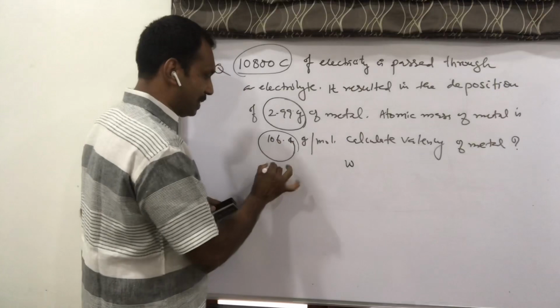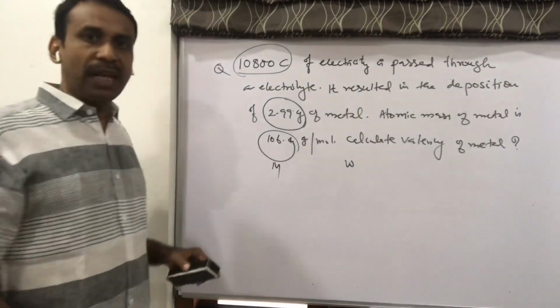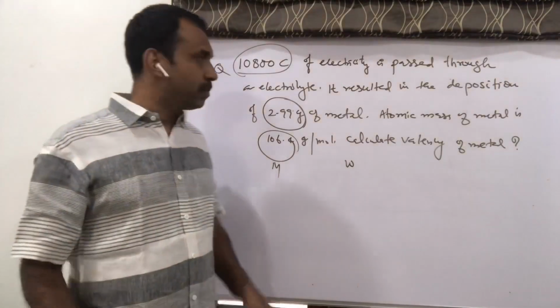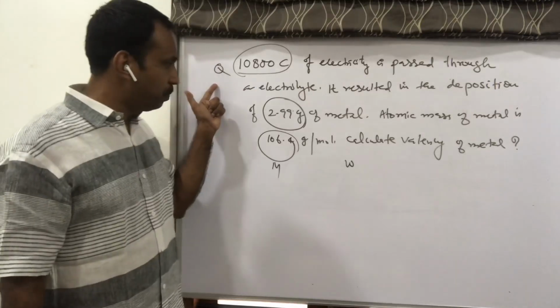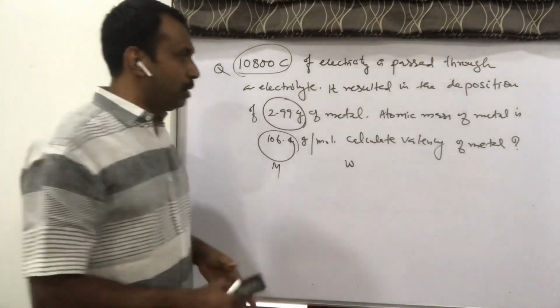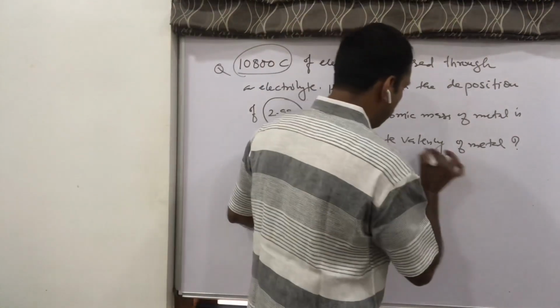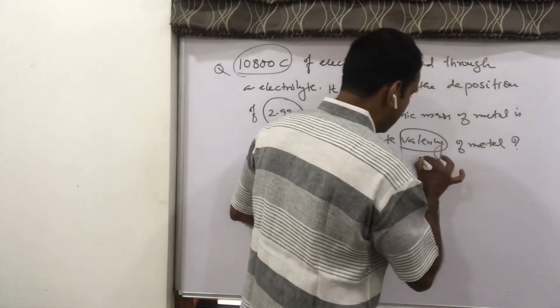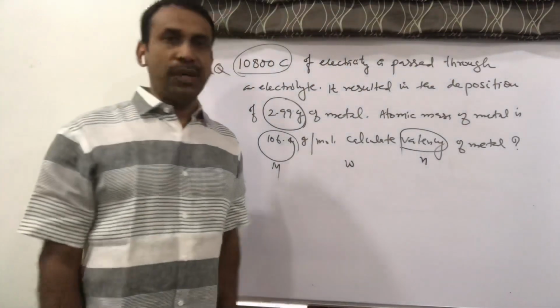Three quantities are given: Q, W, M. Then what should be done? We have to calculate valency, that means find the value of N.